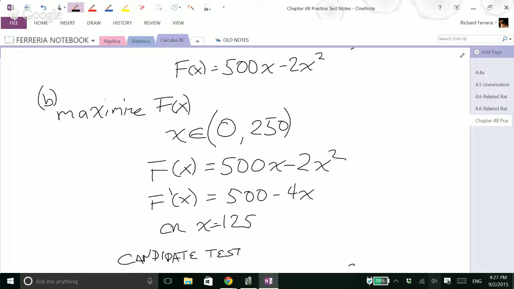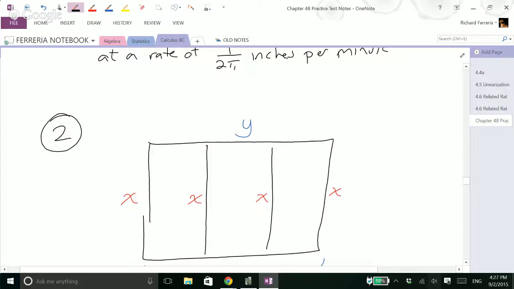Are we okay with the domain? Sure. I know that x has to be bound by 0. But if you imagine the biggest that x could be, let's go to the diagram first. I have 4 x's. Now, if I said the biggest x could be is 1,000, that would mean I have 4,000 feet of fencing, which I don't have. I only have 1,000 feet.